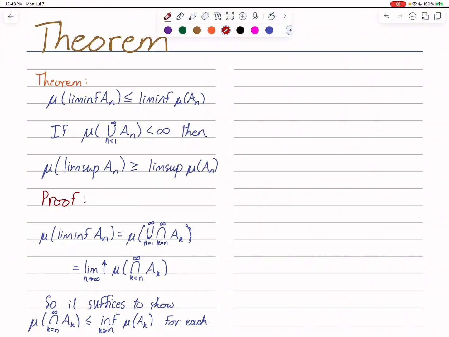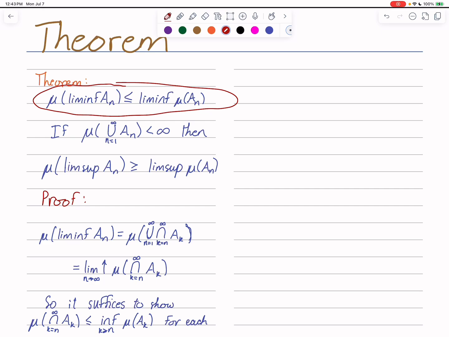But now we're going to finish with a theorem. The theorem states that the measure of the Liminf has this nice property that you get this sometimes useful inequality.